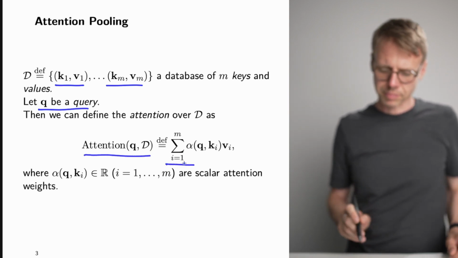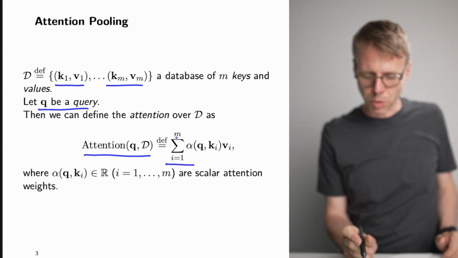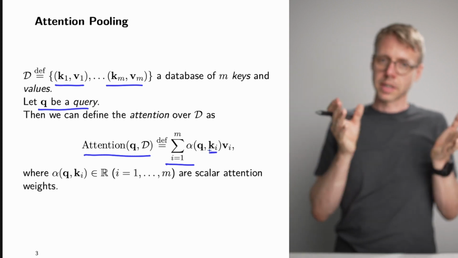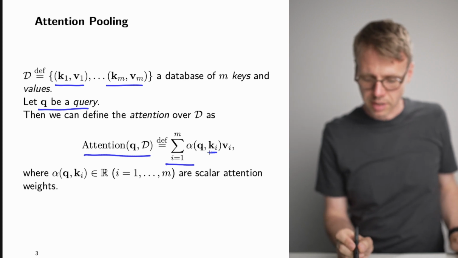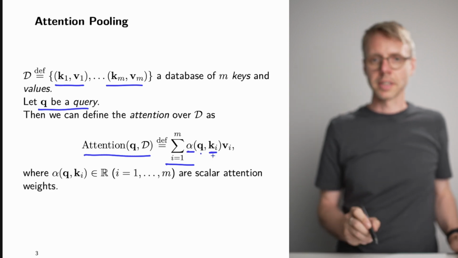It takes the sum from i equals 1 through m and goes over all of those tuples, takes the ith key, and evaluates a function alpha on the query and the key.